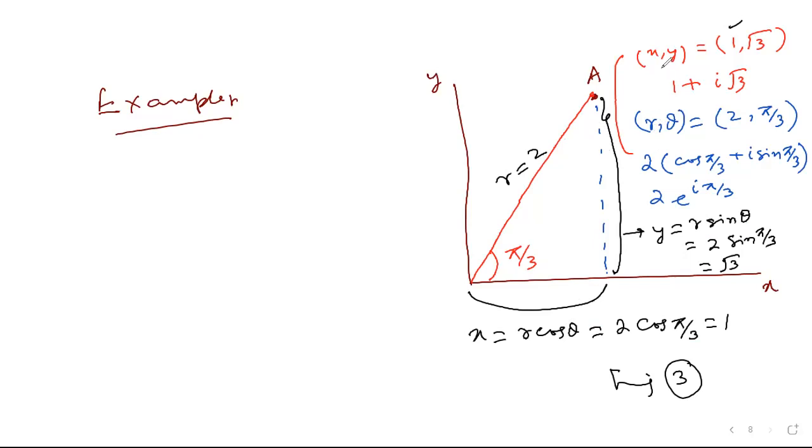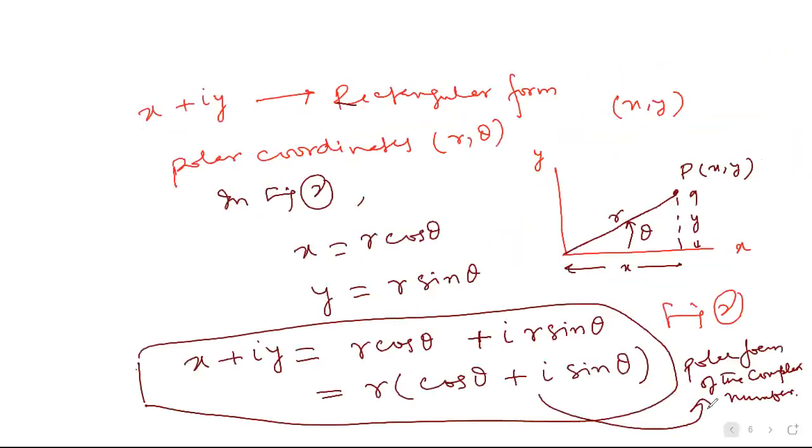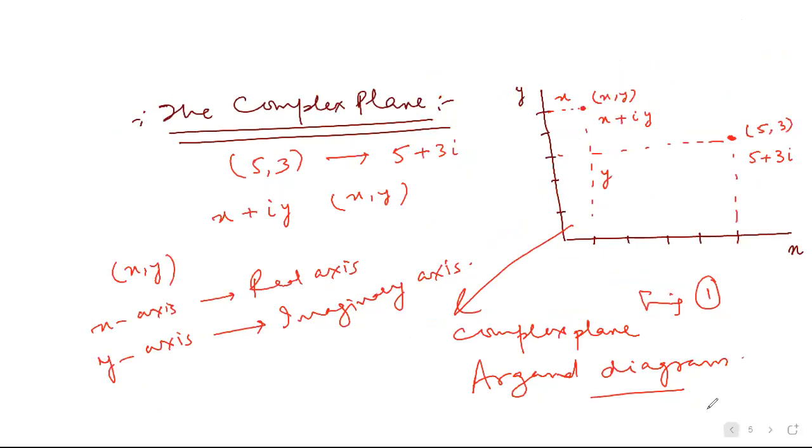So you can label it either as 1 comma square root of 3 or in complex notation, or you can make use of the polar coordinates and write it in terms of complex notation, right? So I will end this lecture. I will summarize the lecture.